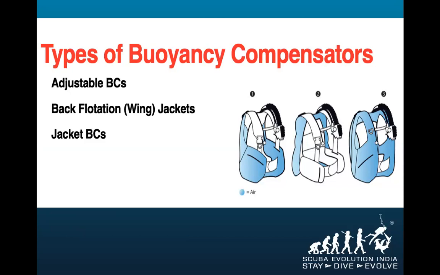Some of the instructors have now started using back inflation and backplate wings, primarily because it gives them better control of their buoyancy, and they're obviously more comfortable in the water, and therefore can keep their heads up even without having air in the front portion of their BCD.